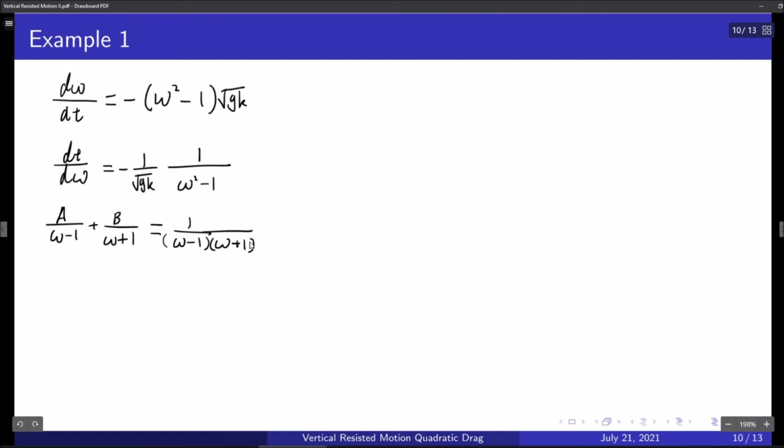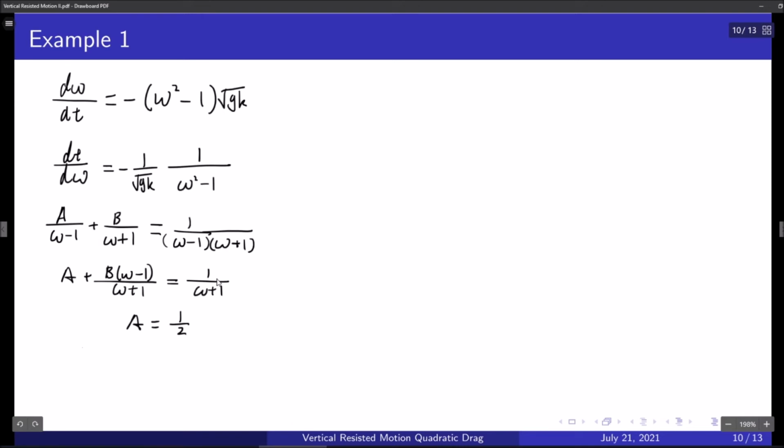Because the numbers are simple, we can pretty much use the cover-up rule. So a plus b times omega minus 1 over omega plus 1 equals 1 over omega plus 1, and then this part disappears when omega equals 1, so a equals 1 over 2.